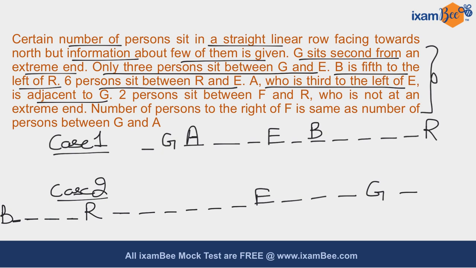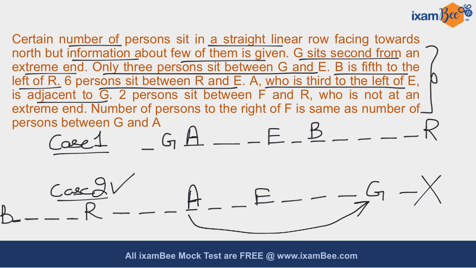But if you focus on your case number 2, it gets eliminated because it does not fulfill your hint. According to the statement, you have to place A over here, which is third to the left of E, but it is not adjacent to G. So you have to eliminate this particular case.